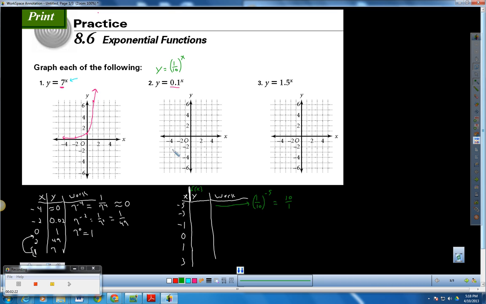And what I've done here, you notice up here in green, I've rewritten this exponential function. I've rewritten 0.1, or 1/10, raised to the x power, as 1 over 10 raised to the x power. I know that 0.1, or 1/10, is the same as 1 over 10.